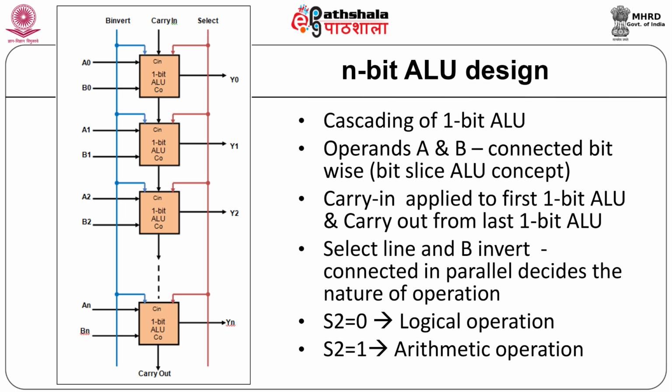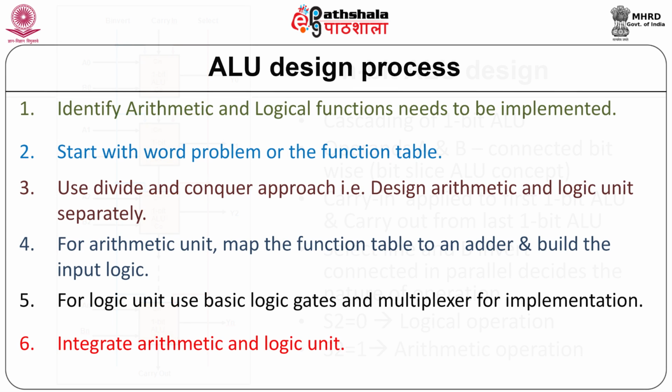The binary values given to the select lines along with B invert and carry in decide the final function output as n-bit arithmetic or logic output. The function table for n-bit ALU can also be prepared on similar lines of 1-bit ALU. The ALU design process begins with the specifications of ALU.